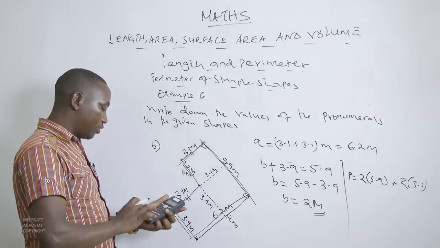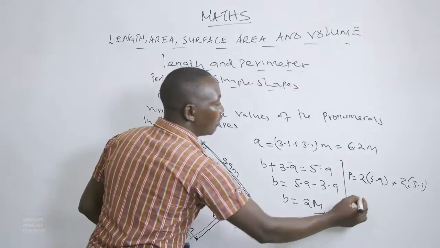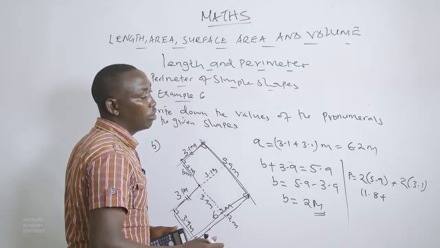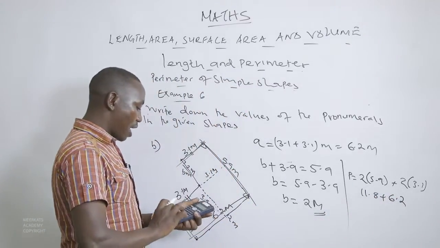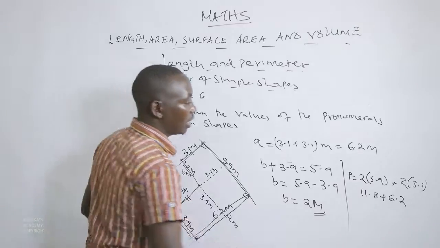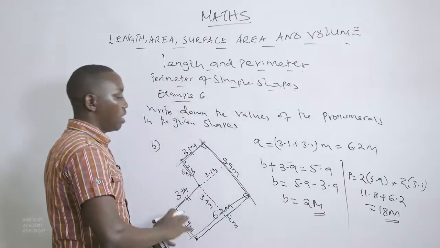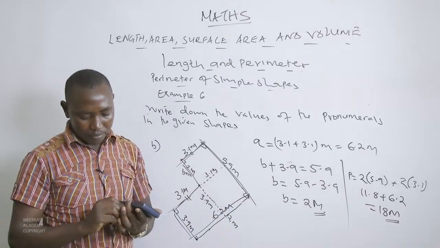So 5.9 multiplied by 2 will give us 11.8. Then 3.1 multiplied by 2 will give us 6.2. So if we add that to 11.8, you'll get 18 meters to be the perimeter around this particular figure.